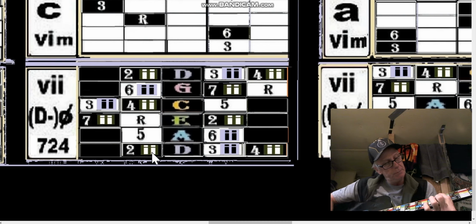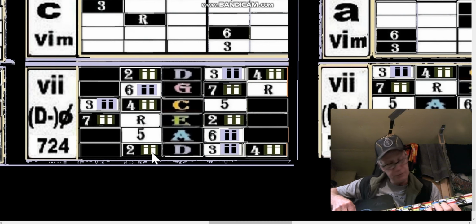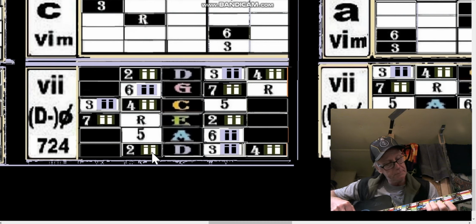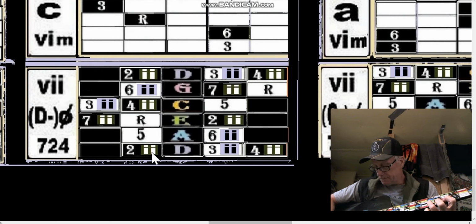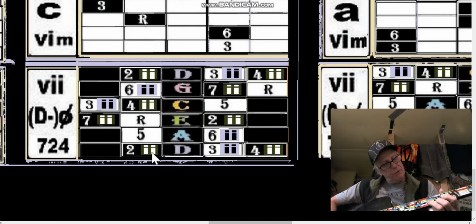So here's our D minor here. We're just going to play it up top here. And all I have to do is drop one of those notes down. The deal is actually to make the adjustment in mode.